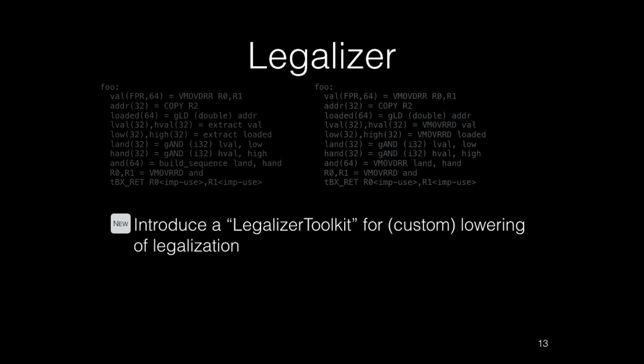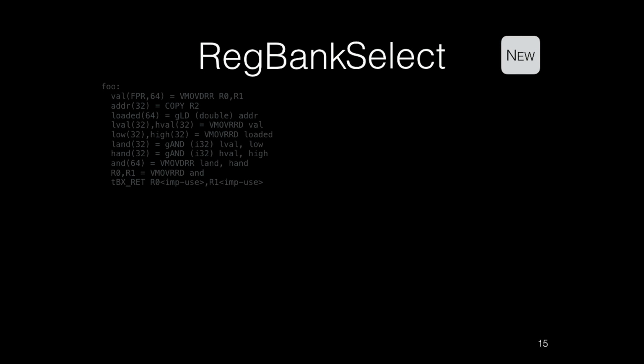All right, that was legalization. Next comes the RegBankSelect. So this is something completely new compared to the existing framework. What is it about? If you remember, at the beginning when we translate to machine instr, we recorded sizes for the virtual registers. But at some point, these virtual registers need to be assigned to register banks.